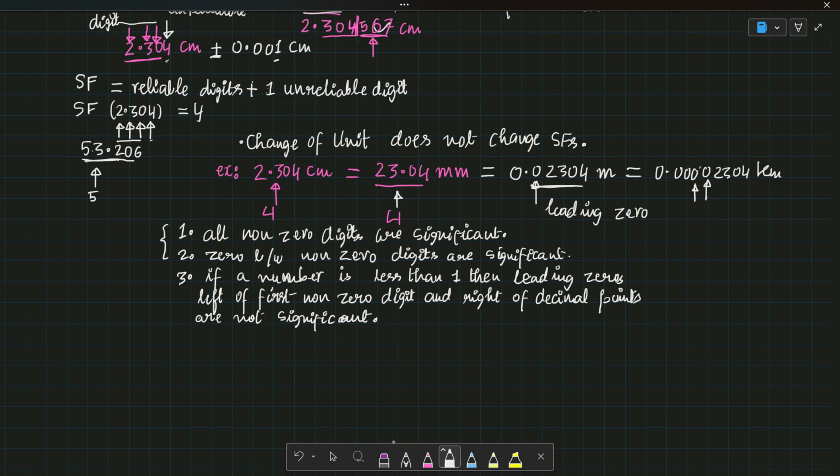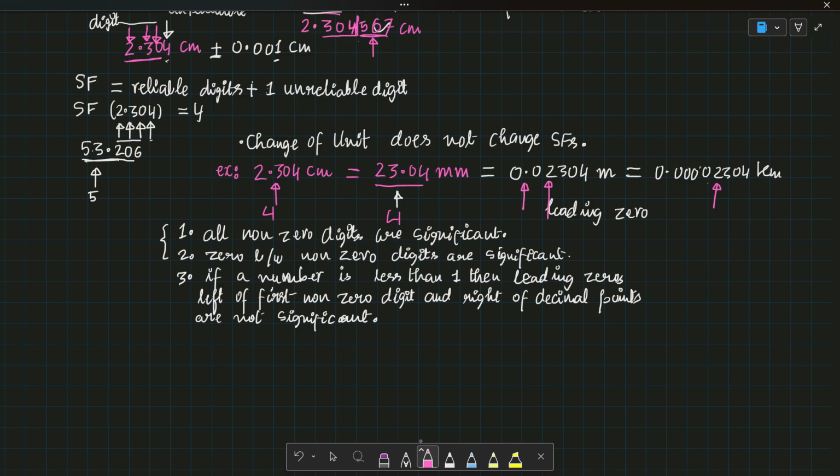This is the first non-zero digit, this is the decimal point.